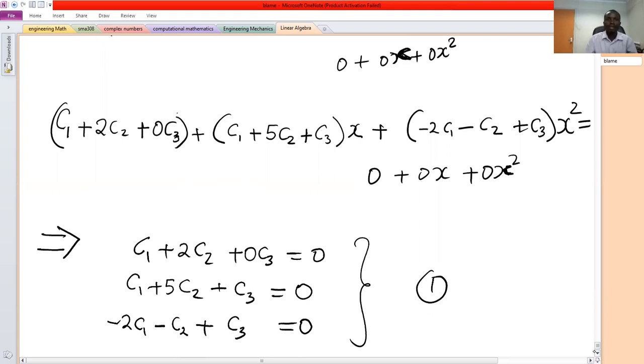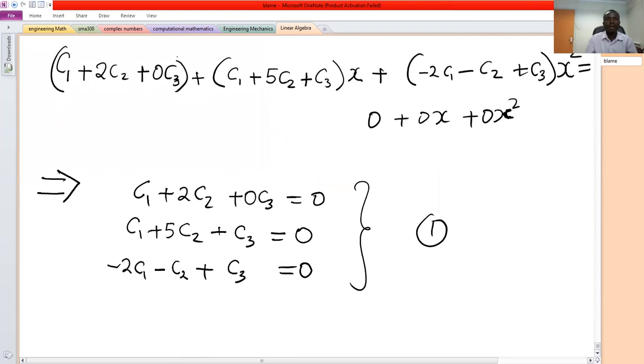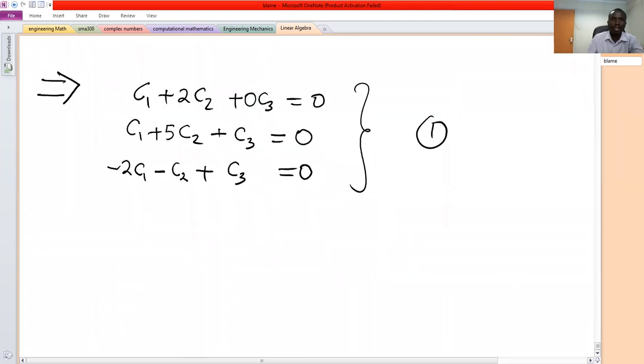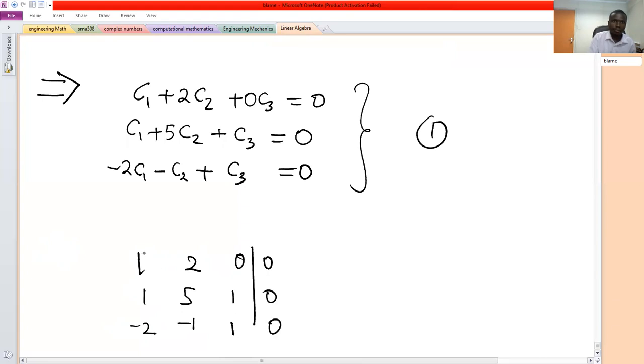Now the question reduces to solving system 1, which is a homogeneous system of 3 linear equations in 3 unknowns. To solve this, we use Gaussian elimination. We write the augmented matrix of this system, which is 1, 2, 0, 0; 1, 5, 1, 0; minus 2, minus 1, 1, 0.